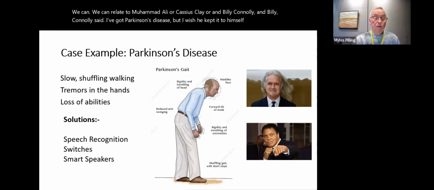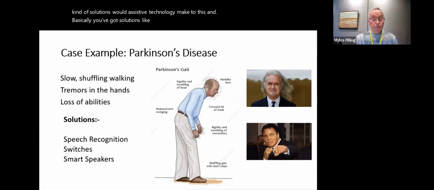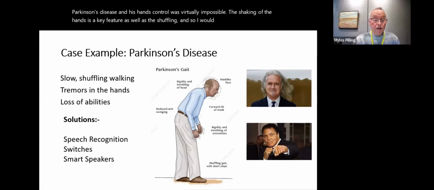And so what kind of solutions would assistive technology make to this? And basically, you've got solutions like speech recognition. And I had a client once who had Parkinson's disease, and his hand control was virtually impossible. The shaking of the hands is a key feature as well as the shuffling. And so I would use speech recognition.